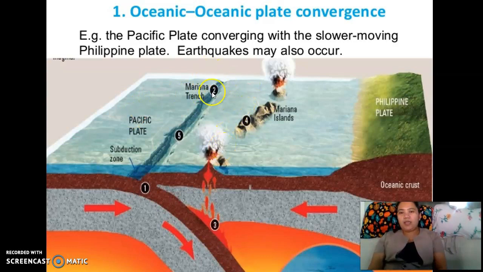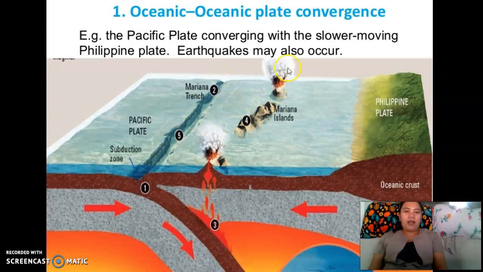Here you have the trench. Since it occurs on the ocean floor between two oceanic plates converging, it will create a trench.